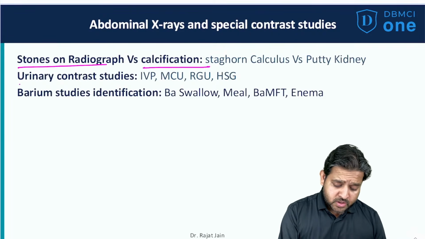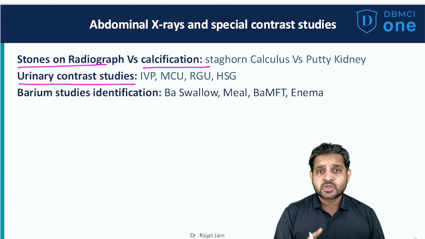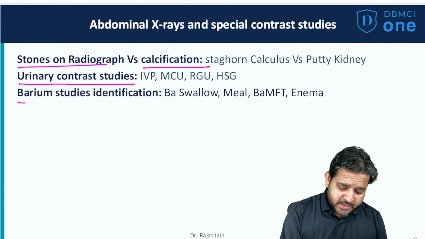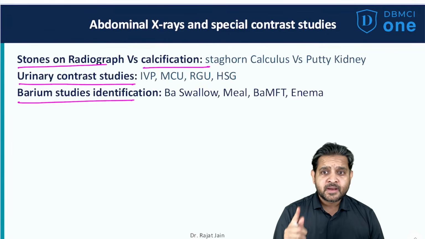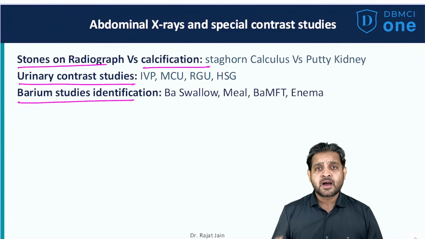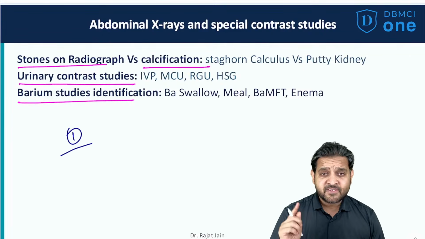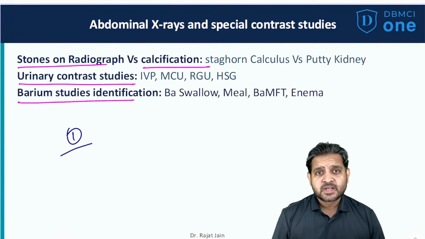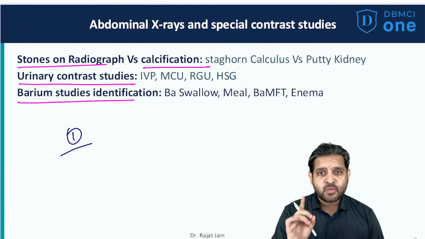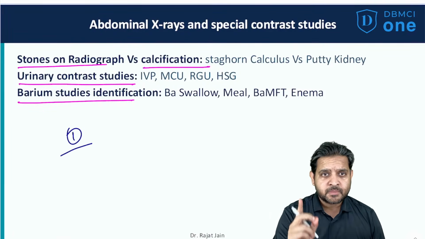Number 1, urinary contrast studies: IVP, MCU, RGU, HSG. Barium studies: barium swallow, barium meal, barium meal follow through, barium enema. These should be on your tips. Mark my word, one question is definitely going to be there in the exam from this. So the next 5 minutes is equal to one extra correct question in the paper, right?